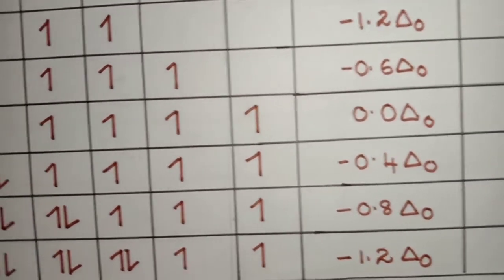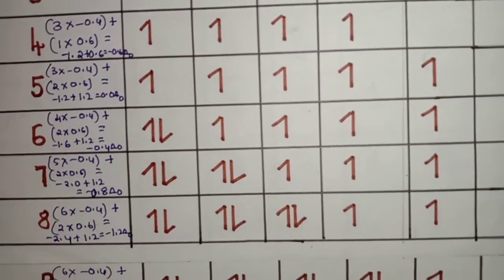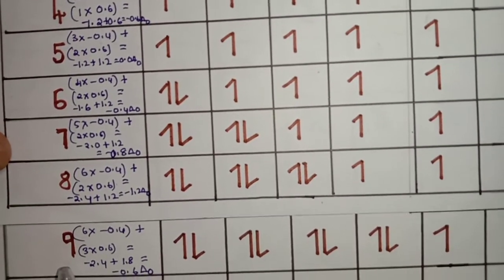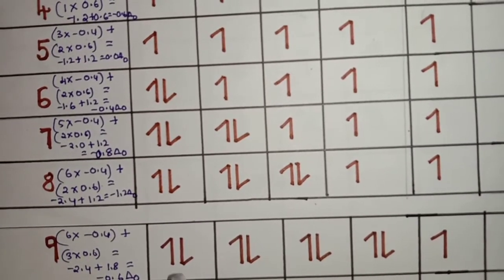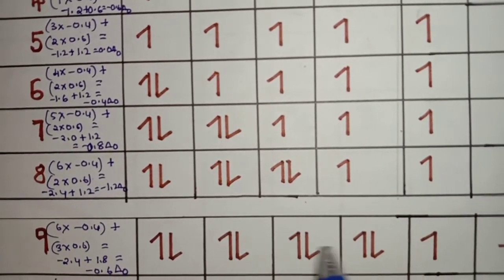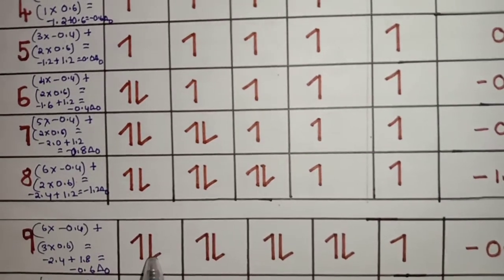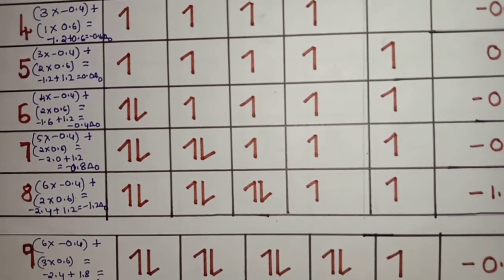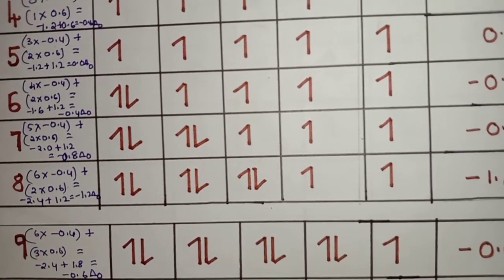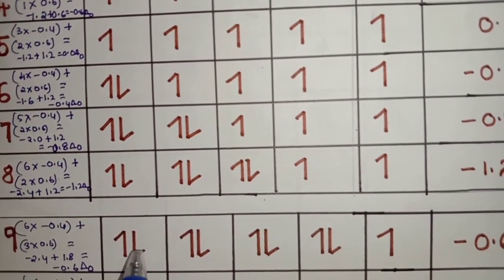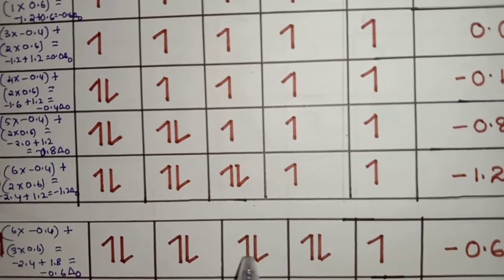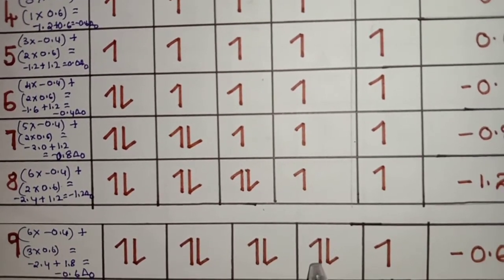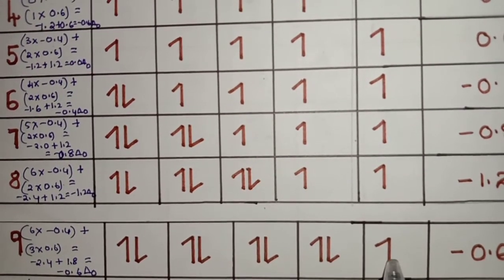Clear students? Next, coming to number of electrons in d orbital. If it is 9, first, second, third, fourth, fifth, sixth, seventh, eighth and ninth electron. Okay, so total 9 electrons. How many electrons in T2g? 1, 2, 3, 4, 5 and 6. Total number of electrons in Eg? 1, 2, 3.